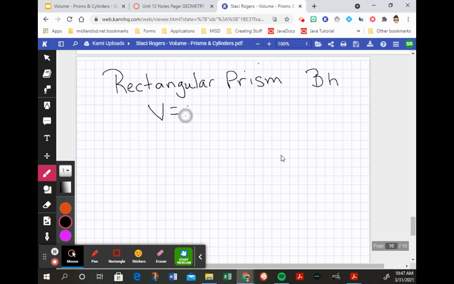But for rectangular, it's L, W, H. That's what you learned a long time ago.